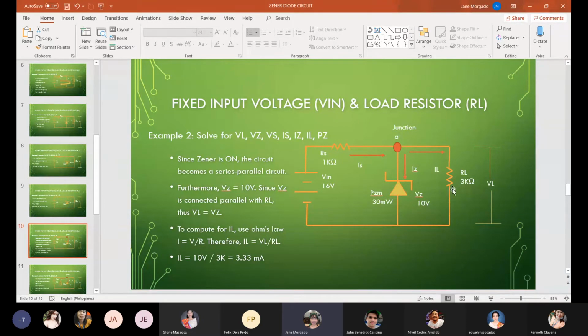We now have the Zener in parallel with RL, and this RL and Zener combination is in series with RS.